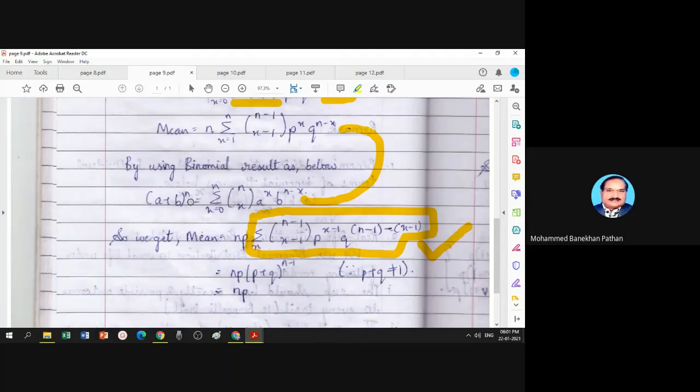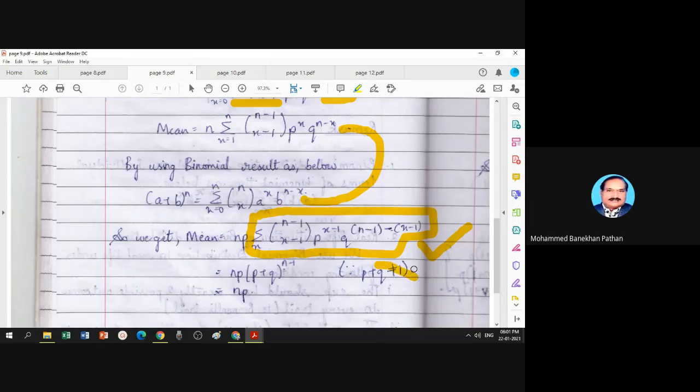Now, according to this theorem, the answer of this complete yellow-marked part is (p plus q) to the power n minus 1, where a is p, b is q. Here it is n. But what is p plus q? By definition, p plus q is always 1.